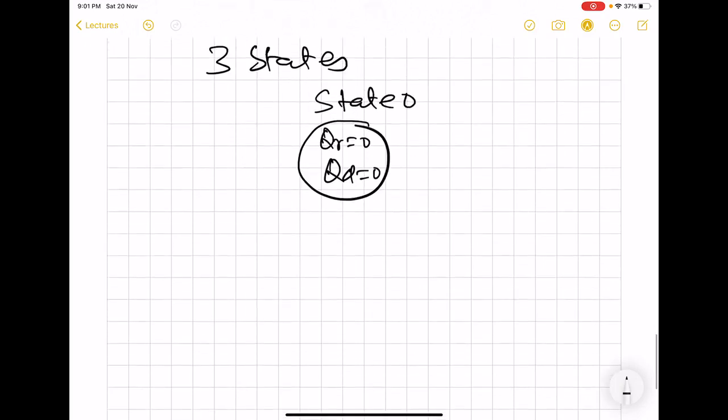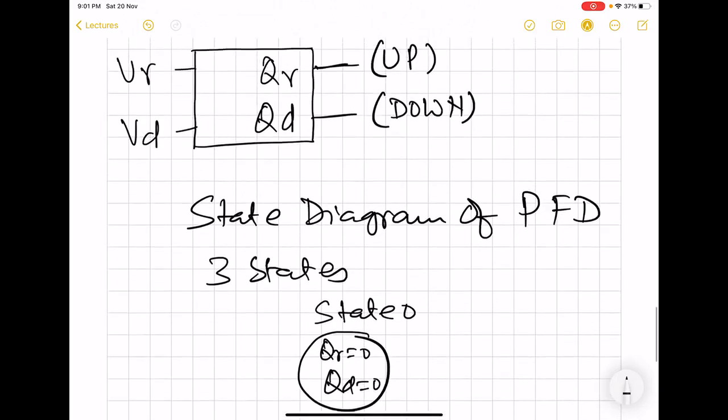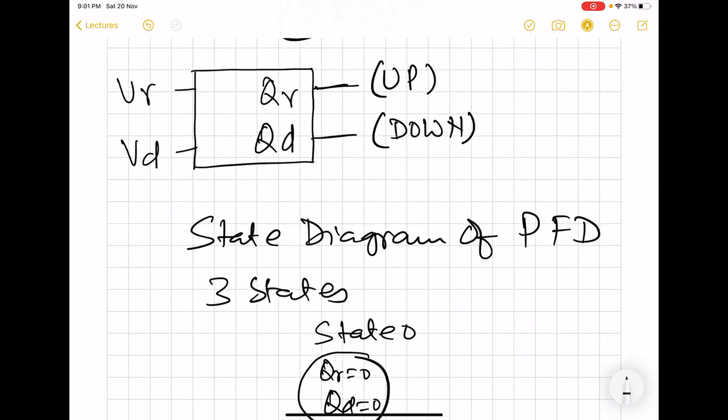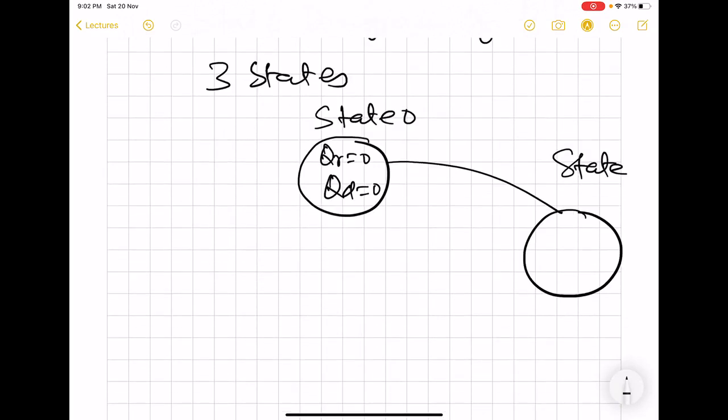Now what happens is that if there is a rising edge occurring at the VR input, then it moves to state 1, where we have QR equal to 1 but QD remains 0. So it moves to this state when VR gets a rising edge.